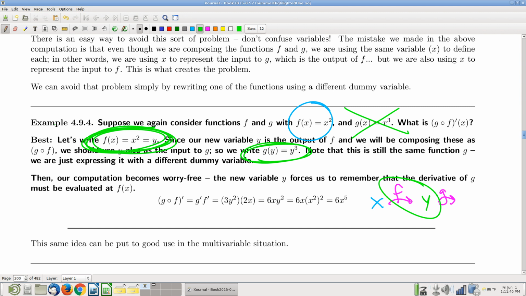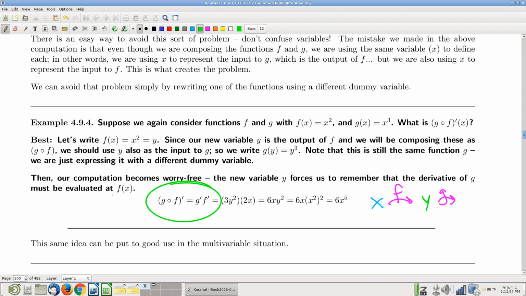And now that there's no confusion of variables, there is no landmine in the calculation. You can just, blindly, clumsily go through this calculation however you want. For example, look at what we've got here. So, super dangerously, I'm writing down (G compose F) prime equals G prime times F prime.